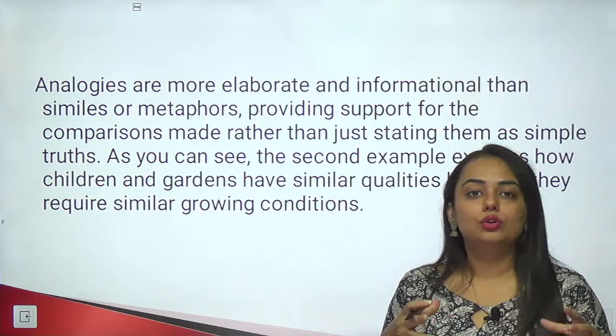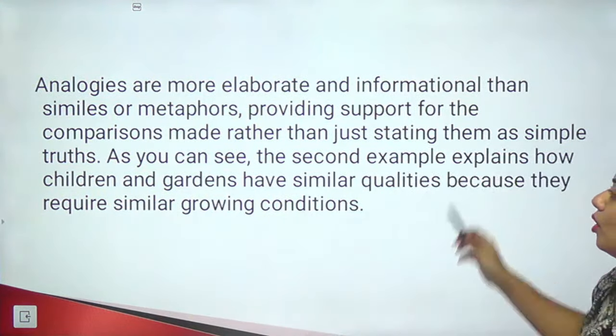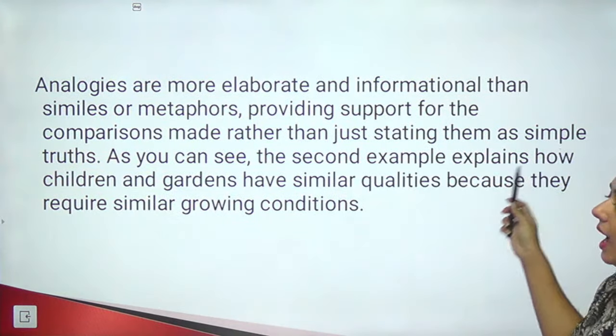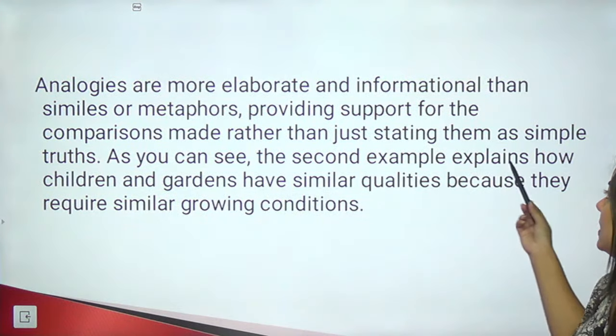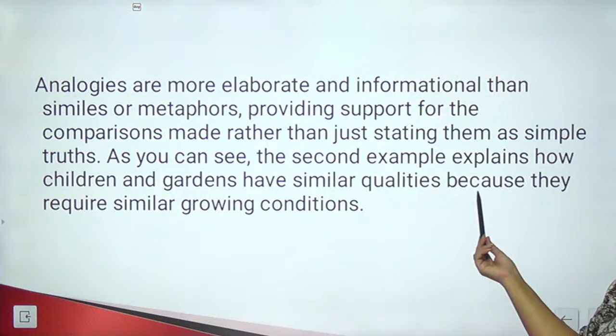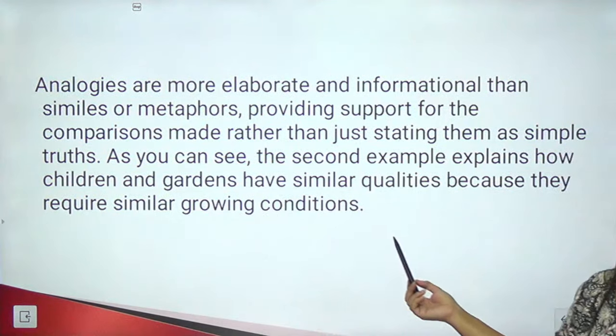You compare completely two situations, providing support for the comparisons made rather than just stating them as simple truths. As you can see, the second example explains how children and gardens have similar qualities because they require similar growing conditions, right?